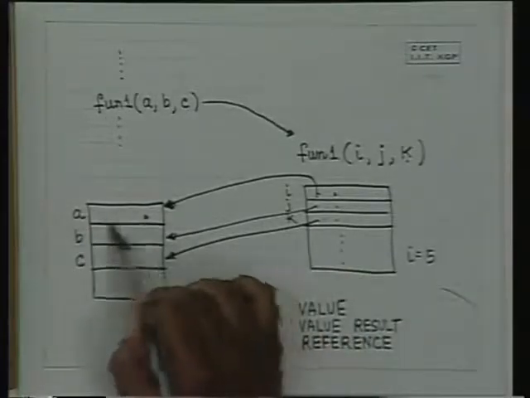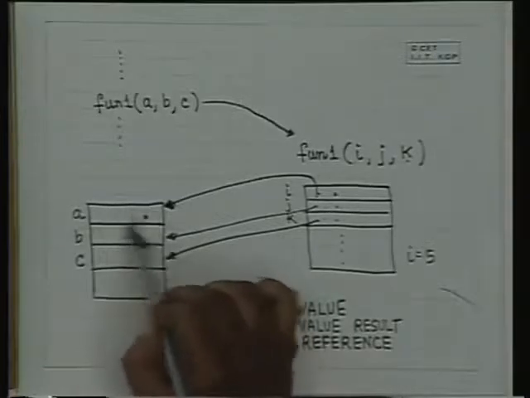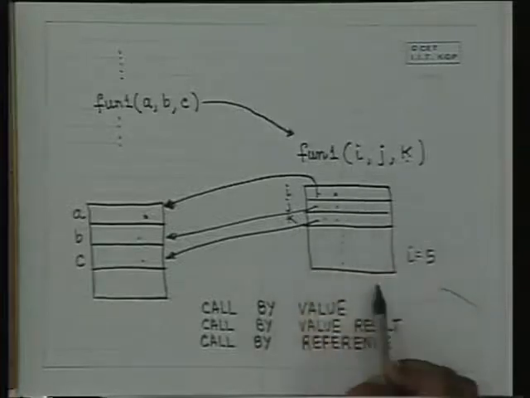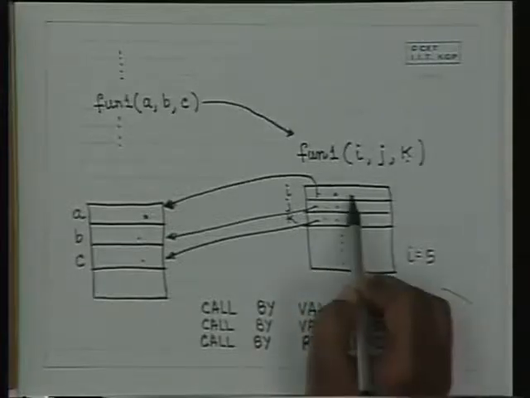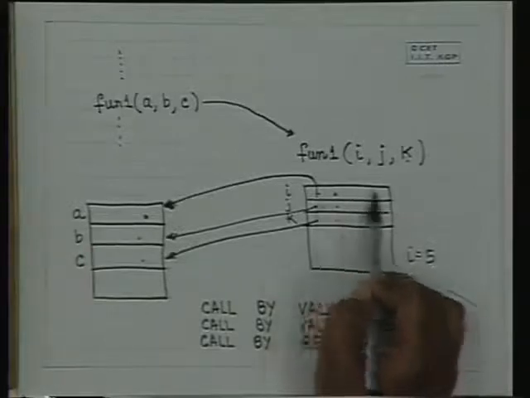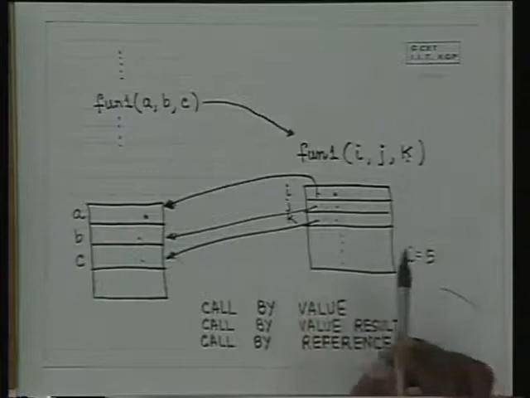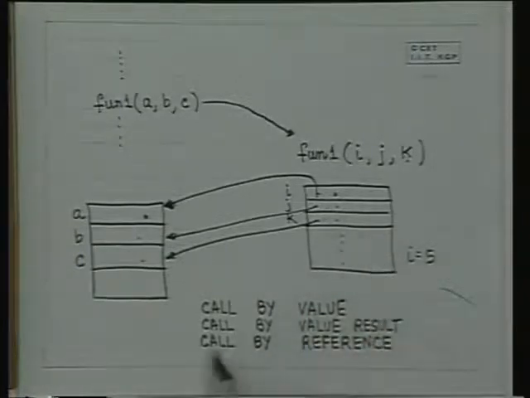So it does a star I operation whenever an I operation is given. So if you want to change something in I in the function here, it uses the content of this, it modifies the content of the address, which is something called indirect addressing, but this is what is called call by reference.